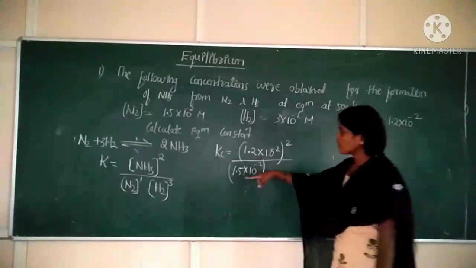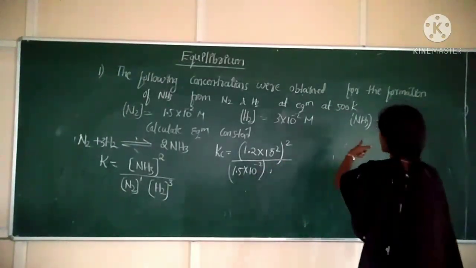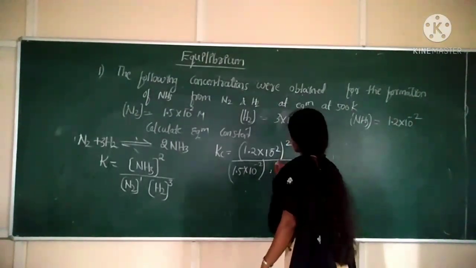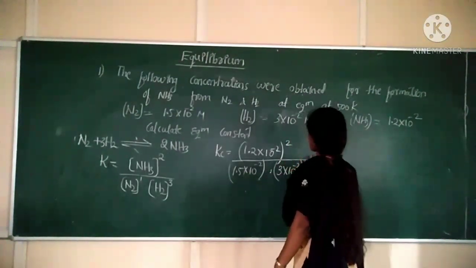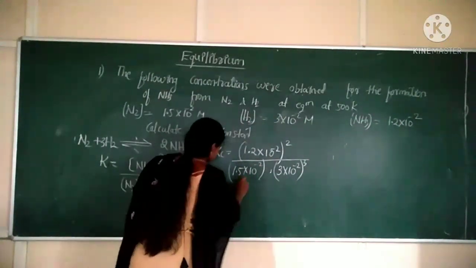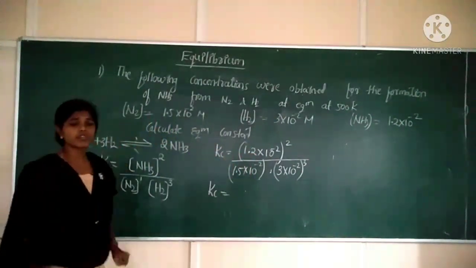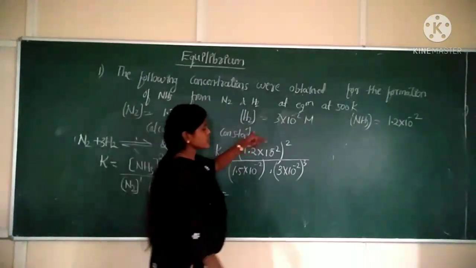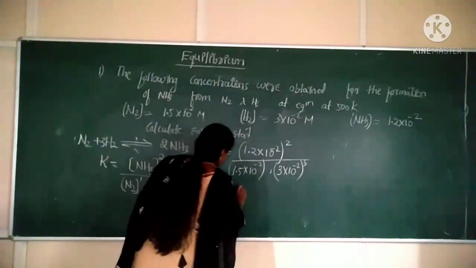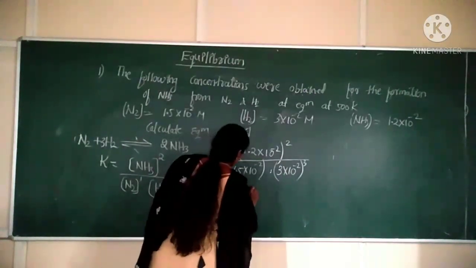Next into, what is H2? H2 concentration is 3 into 10 to the power minus 2 whole to the power 3. Correct? Now calculate it. Kc is equal to 1.2 into 10 to the power 2 means what? 12 12s are 144. So 0.2 is there. Point is there. So you can write it as what?